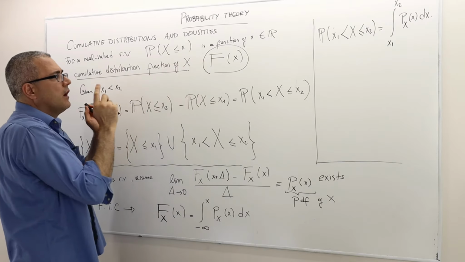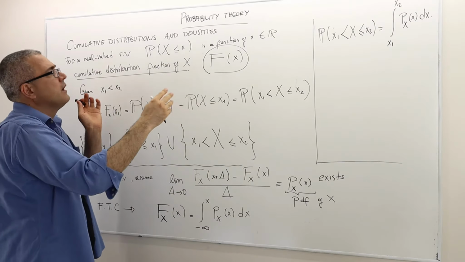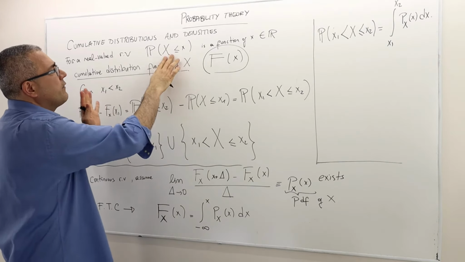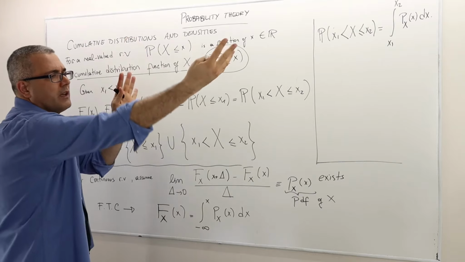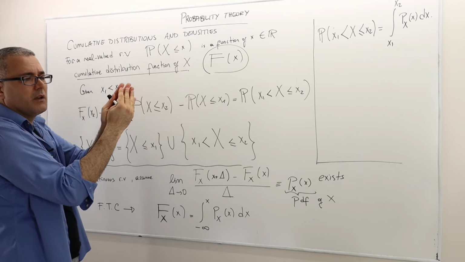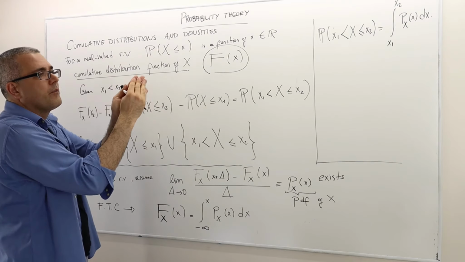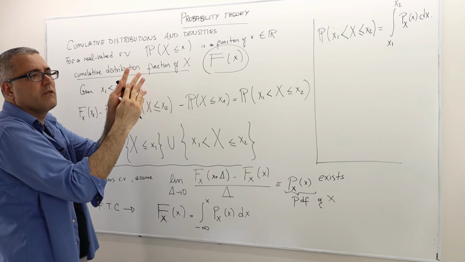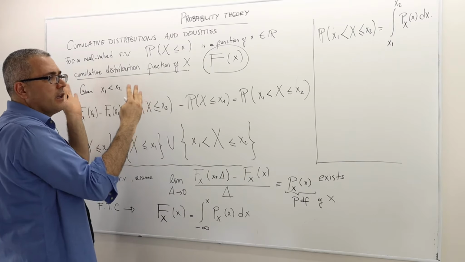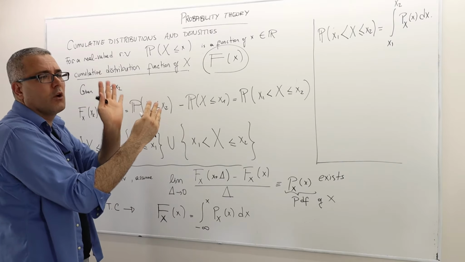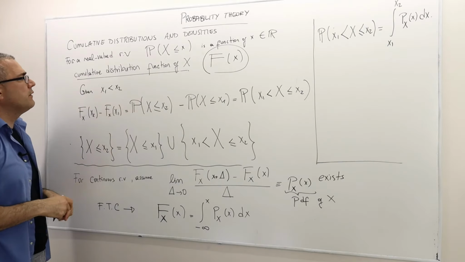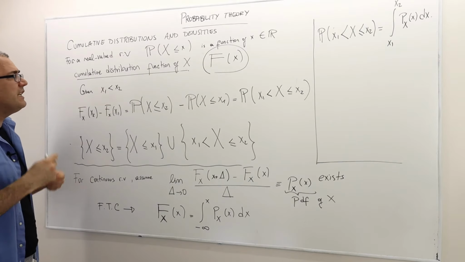Remember, x is a real-valued random variable, so its value is either less than x or more than x, and this probability tells me the likelihood of the random variable taking values lower than x. I accumulate all those probabilities all the way up to x. So we call it the cumulative distribution function, CDF.